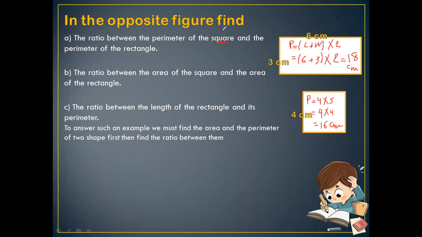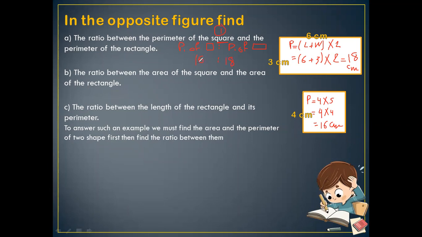He asks you the first is a square. So the perimeter of square to perimeter of rectangle. So it will be 16 to 18.